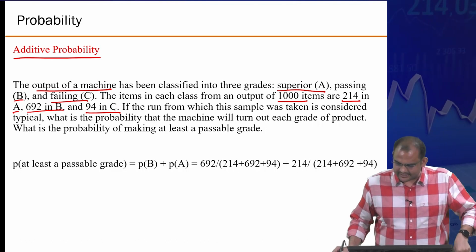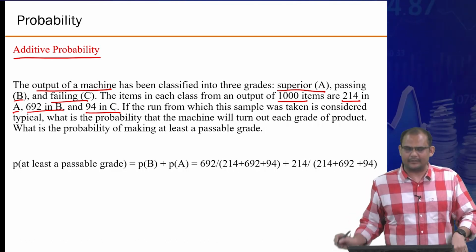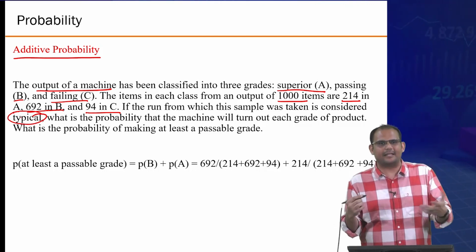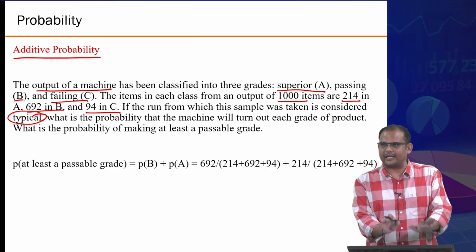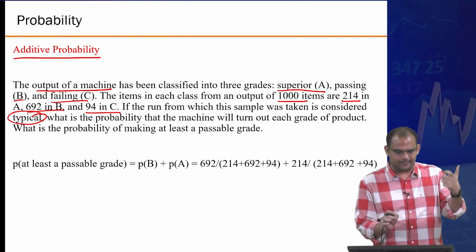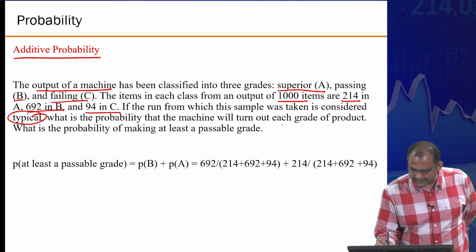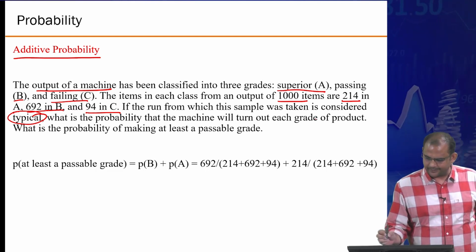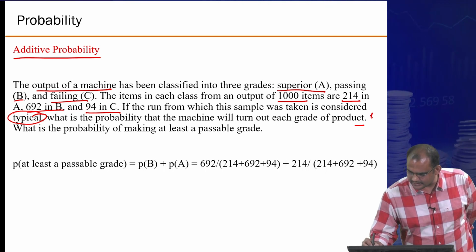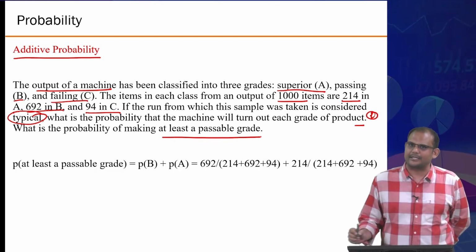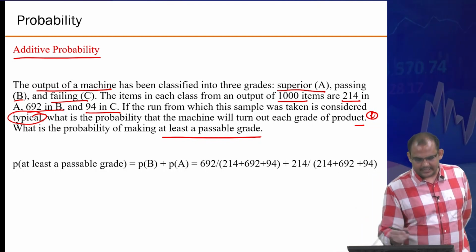If the run from which this sample was taken is considered typical, by typical I mean that you expect these 1,000 items to be the generic behavior of this particular experiment. Typical is not the English word here, but the technical term. What is the probability that the machine will turn out each grade of product? That is question number 1, and the second part is, what is the probability of making at least a passable grade? So what is the probability of A?